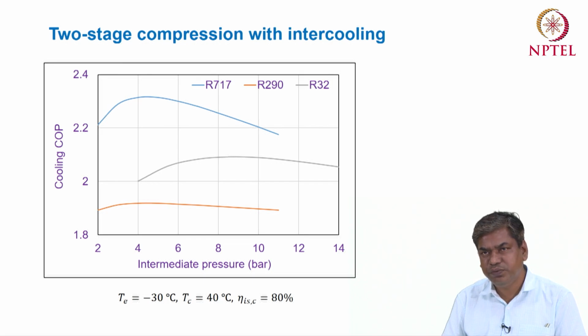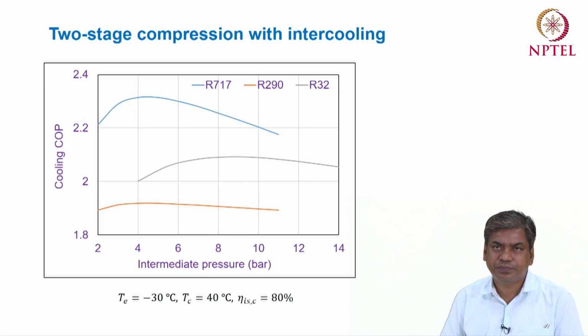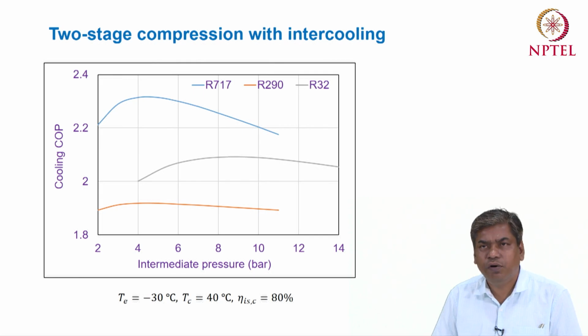But if you see how the COP is varying with respect to the intermediate pressure, you can see that we get some optimum pressure for each individual refrigerant, which gives the maximum COP of the system.